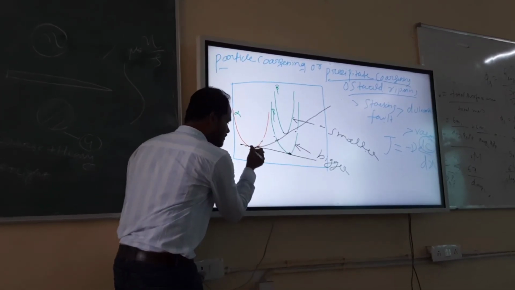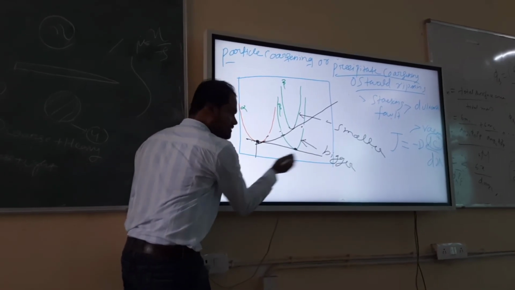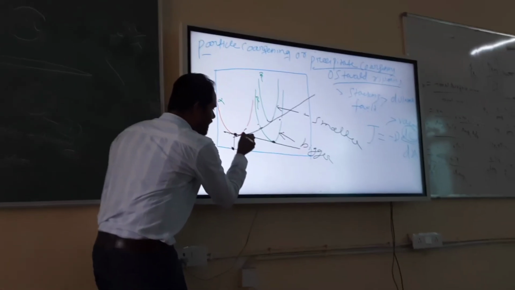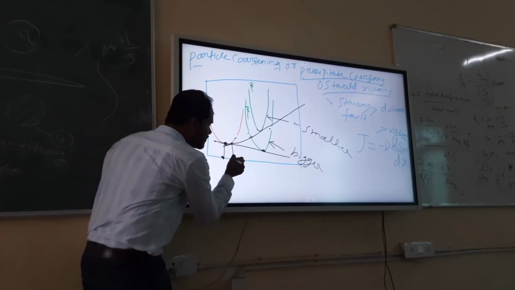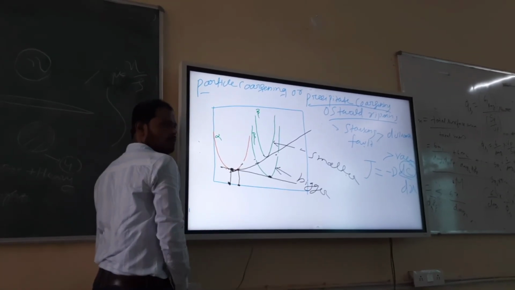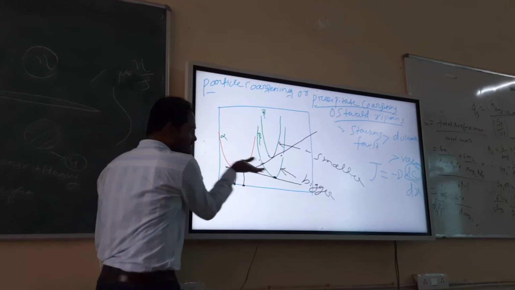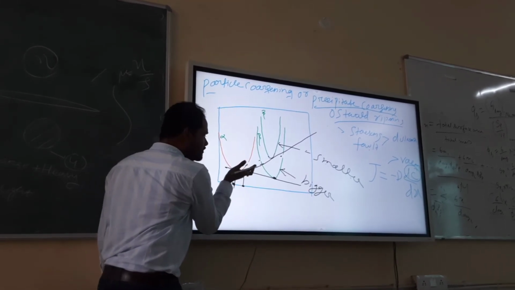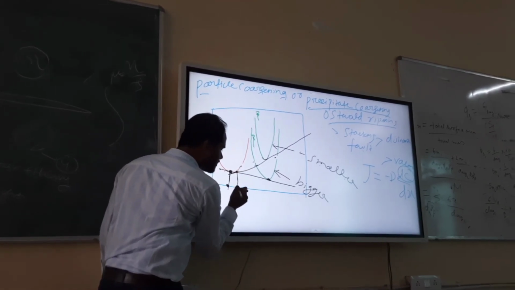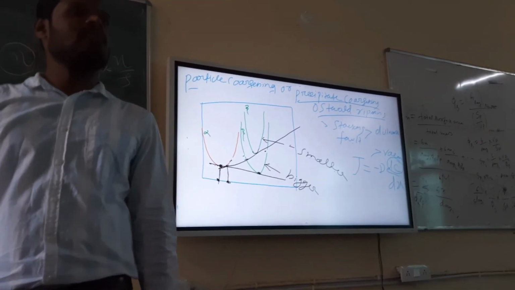You have to join, because this axis is showing composition, right? So this is one point, and another point is here. Now check yourself, is the composition the same for both? For this tangent, the composition is this one. For this tangent, the composition is this one. Right? You understood now?